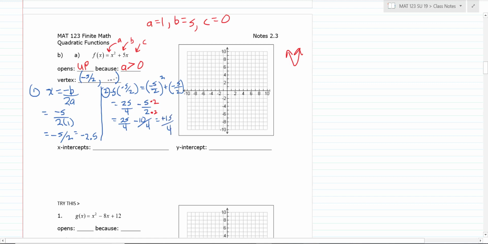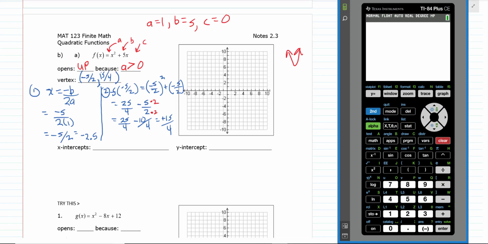All right, so that means that you get 15 over 4. And again, you can change that to a decimal if you want to. I'm going to show you how you can check this problem on the graphing calculator in a second, because it's worth being able to do that.